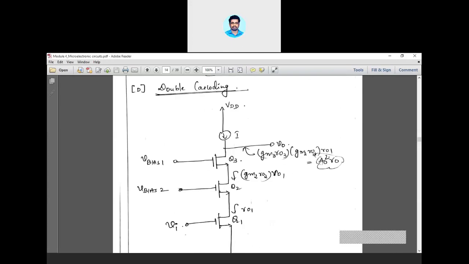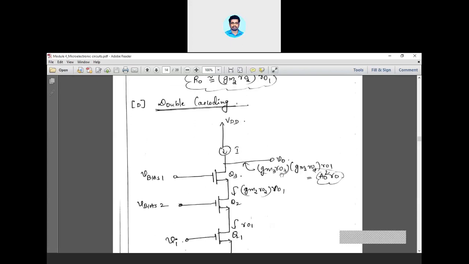Suppose all the three resistances are the same, because all the three transistors are matched transistors, which means of course your output resistances are going to be the same. That is R03 equal to R02 equal to R01, isn't it? And consider that the product becomes R0. So gm3 into R03, what is gm3 into R03? It is A0.